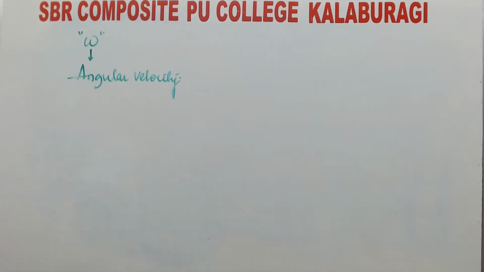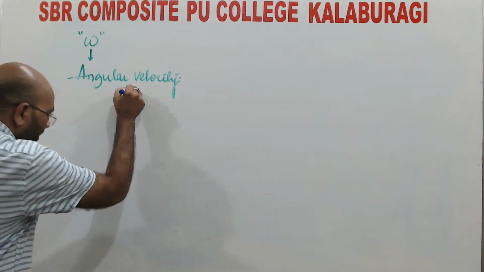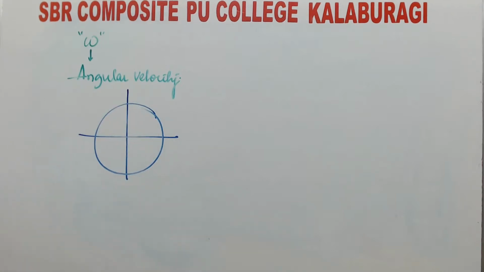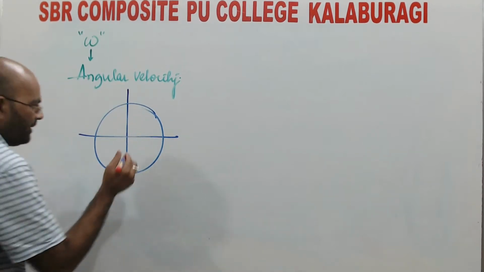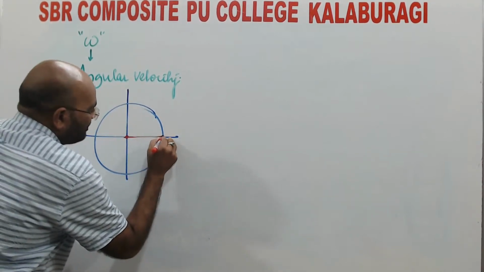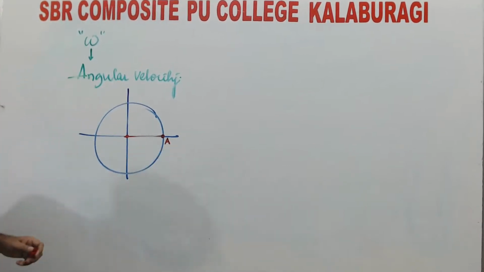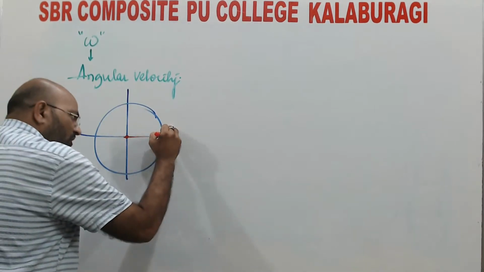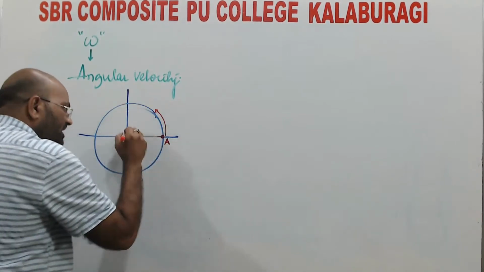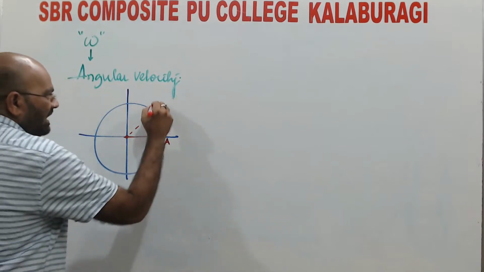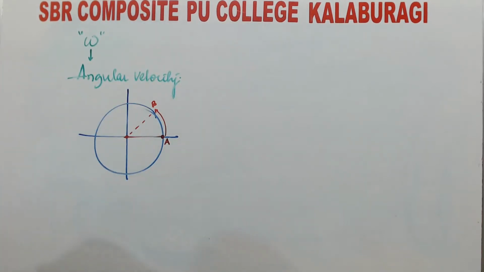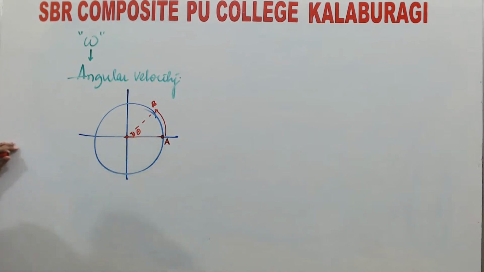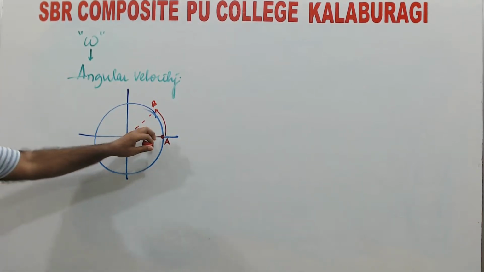For example, consider a particle moving in a circle. Imagine the particle starts its journey from point A. If it moves from point A to B, it covers a certain distance, which is called the angular distance, and we call this theta.